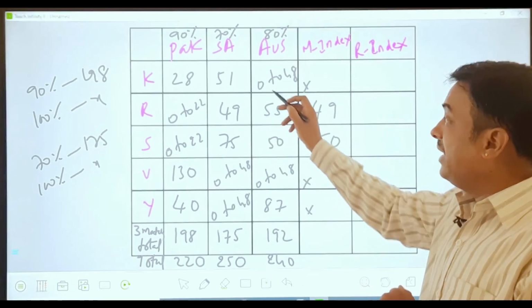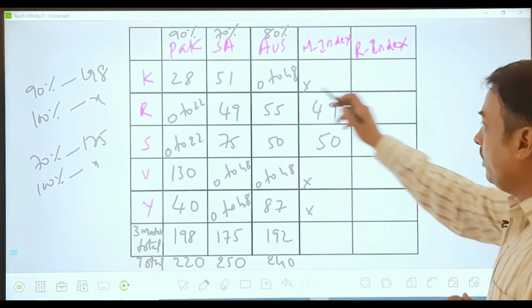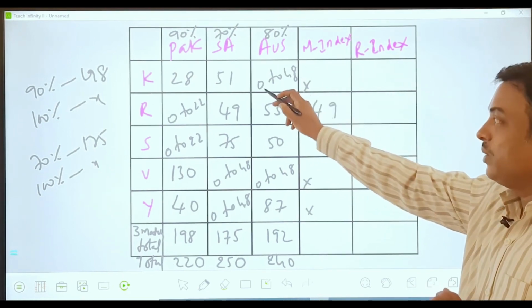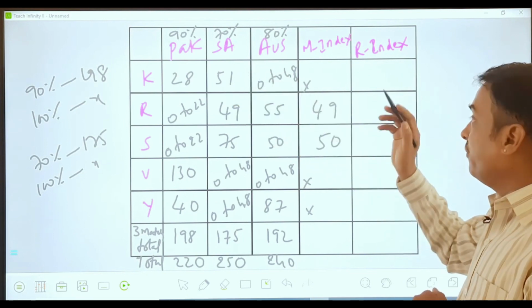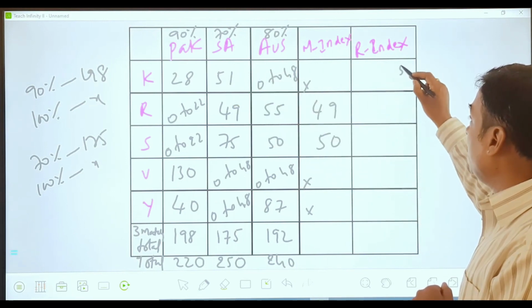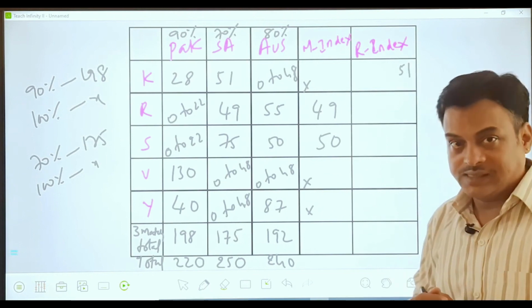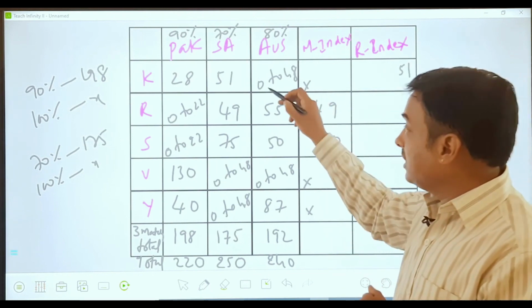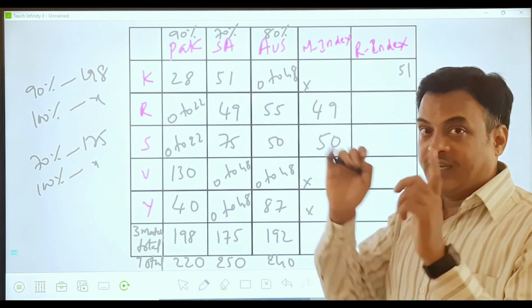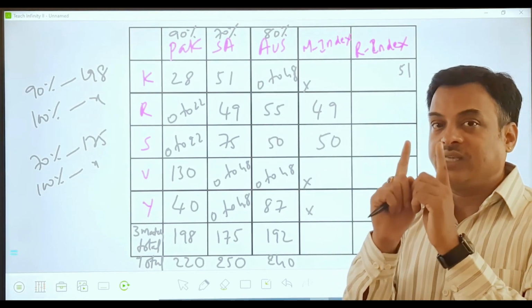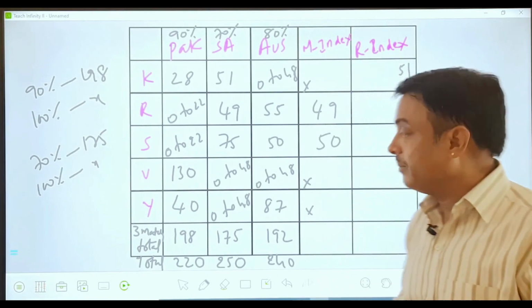Now imagine if I take 0 as the least, this will be from 0 to 48. If I take 0 as the least, 0 is the least, 51 is the highest. So the highest difference will be 51 in that case. Now please understand, I took 0 as the lowest value, then I got highest value is 51. Difference between 0 and 51 is the highest difference which I can get.